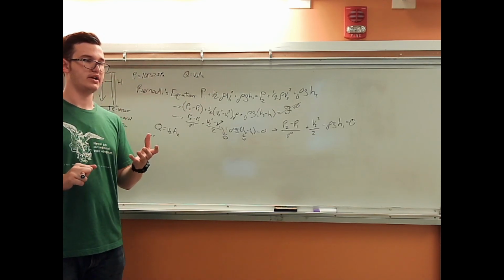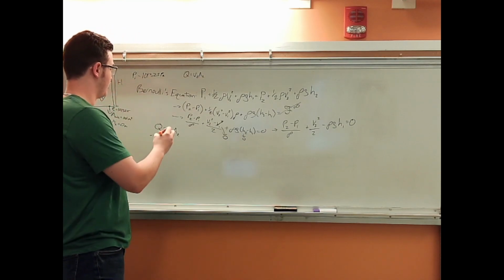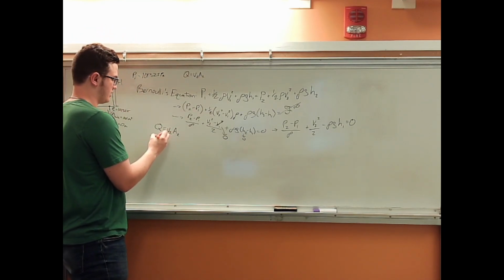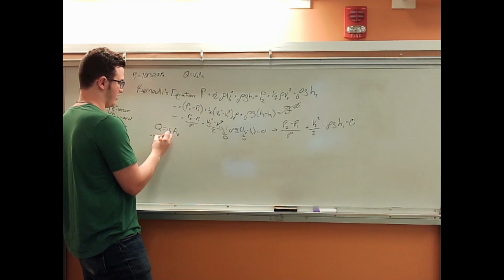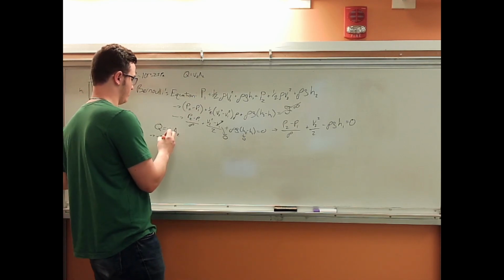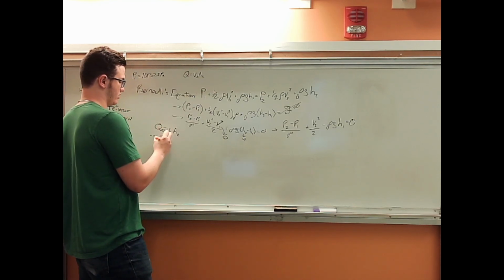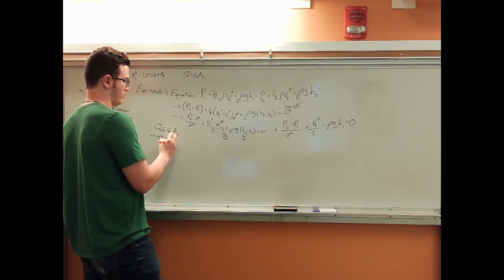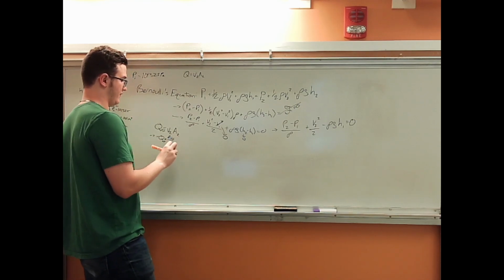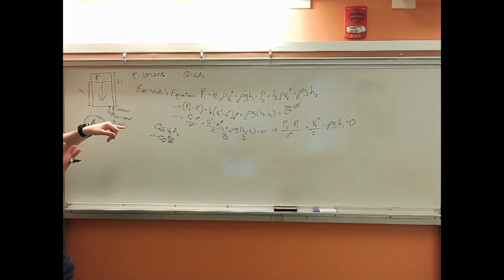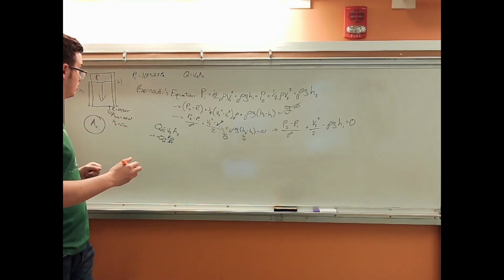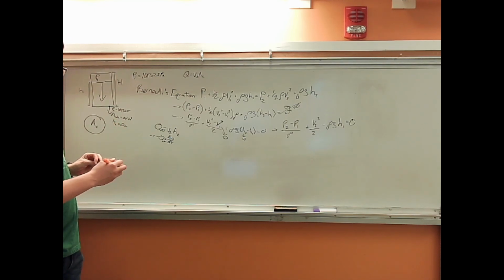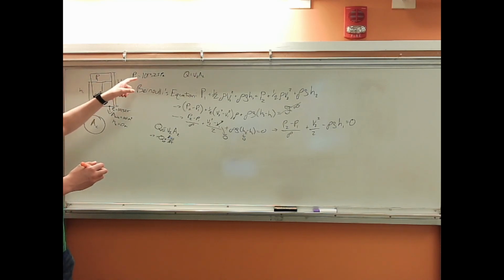We also know that negative Q, specifically Q out, the flow rate out, is equal to the change in volume over time. The change in volume is the volume here, AC.